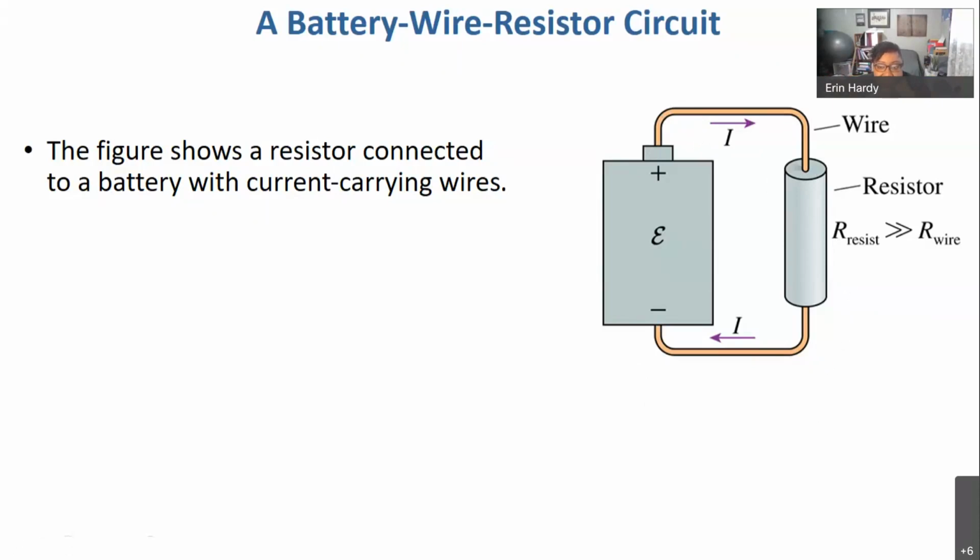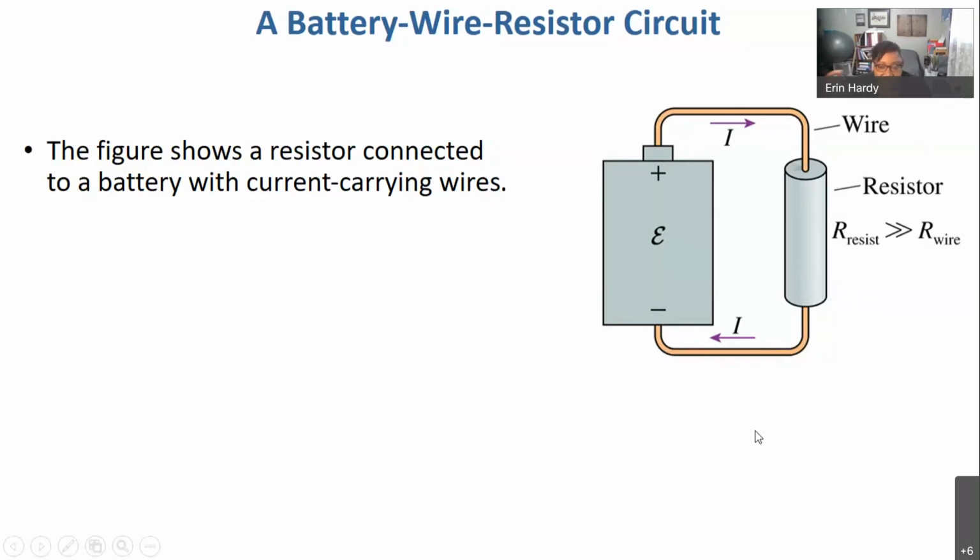But the wire is never going to have zero resistance because the resistivity of this wire is never going to be zero. So there is a small amount of resistance that we would attribute to the wire segments here, whose job is really just to connect the dots, to give the negative charge carriers somewhere to go. But compared to the resistance of this load, the resistance of the wire is going to be very small.